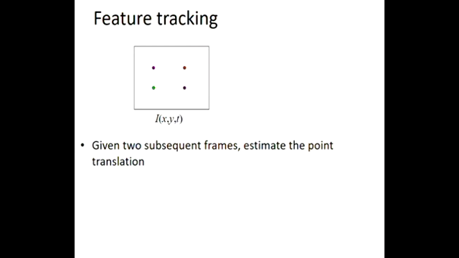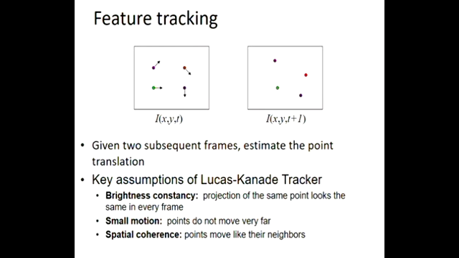And these points move, so that in the next frame, t plus 1, all the points have moved. I want to estimate this displacement (u, v) for each point, so that at the next frame I have I(x plus u, y plus v, t plus 1).